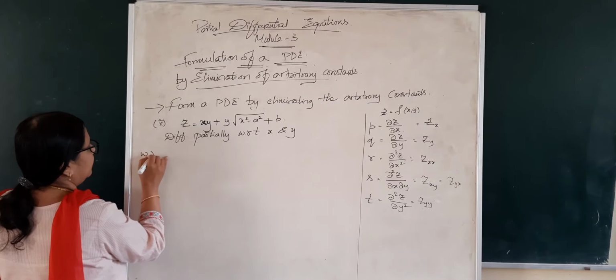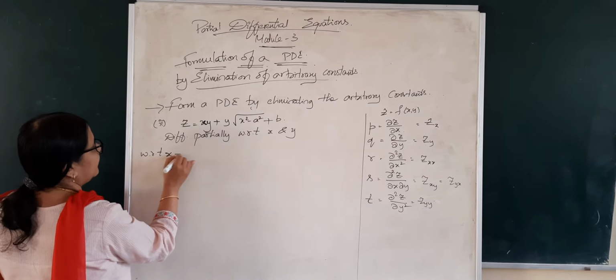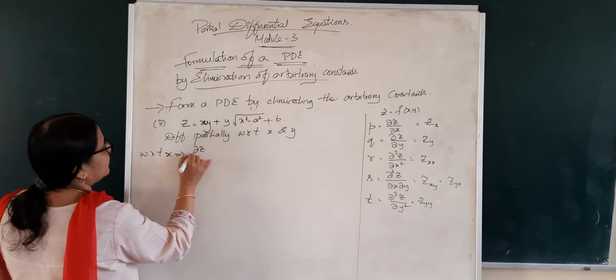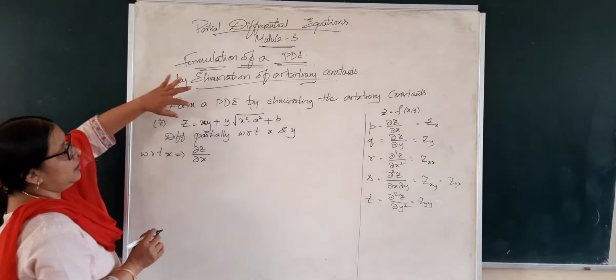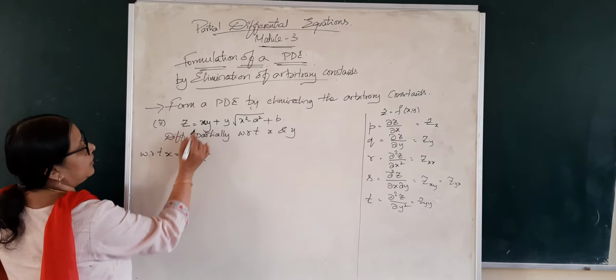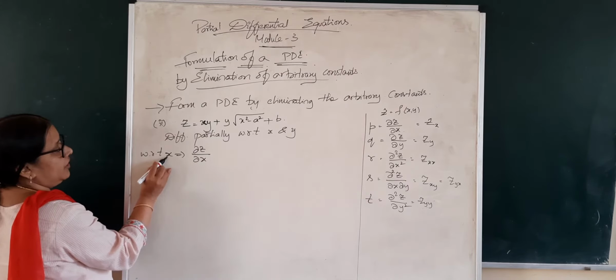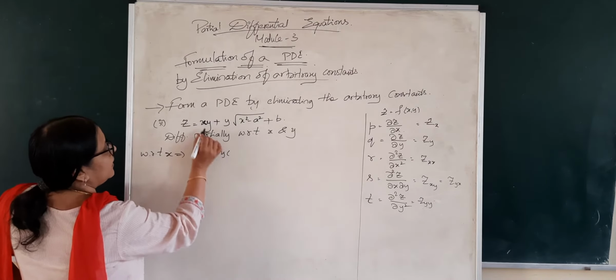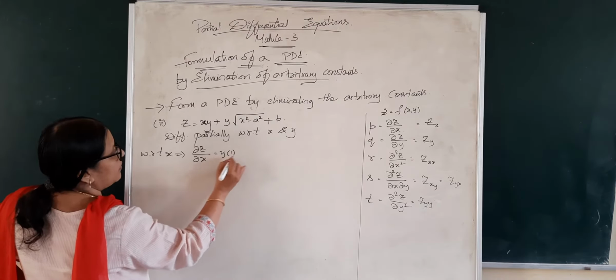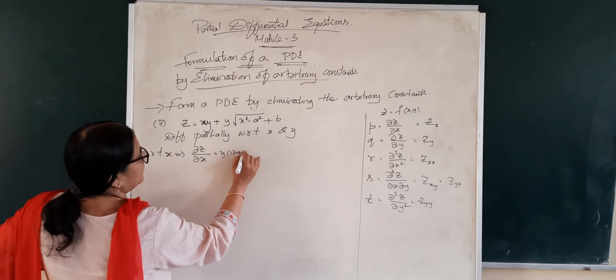Let us see the first step with respect to x, dou z by dou x. Look, this is a function of two variables x and y, so we have to be very careful here. When we are differentiating partially with respect to x, we treat y as constant. So y is as it is. Derivative of x with respect to x is 1, plus y is as it is.